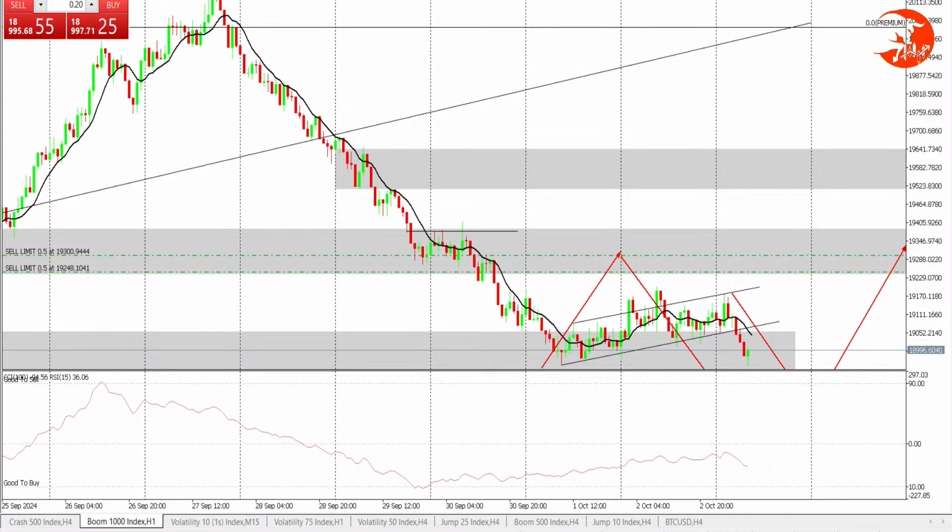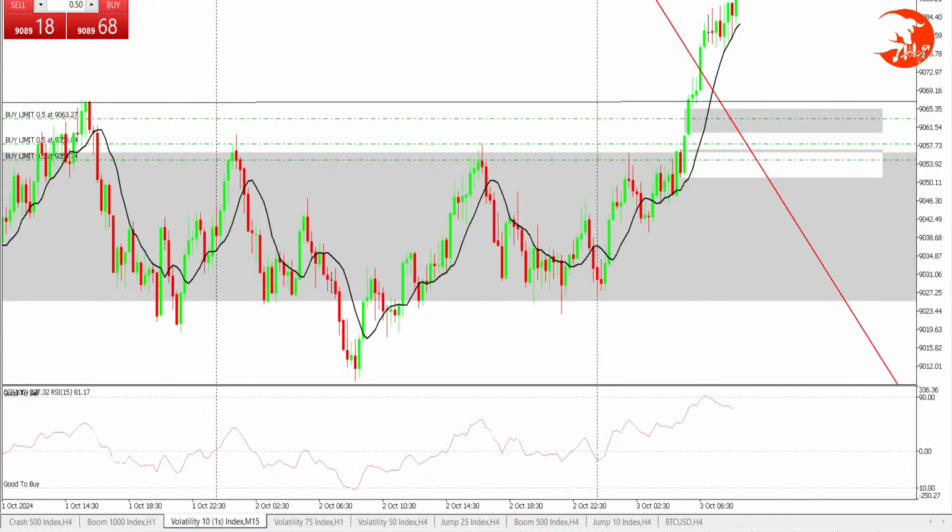But yeah, we had that breakout, and this was a channel breakout. Now we know that this is a continuation of the previous trend. The previous trend is the sales, so we'll be looking for sales. So this is just a pullback, and then sells later on. Boom 1000. This is Boom 1000, I repeat.